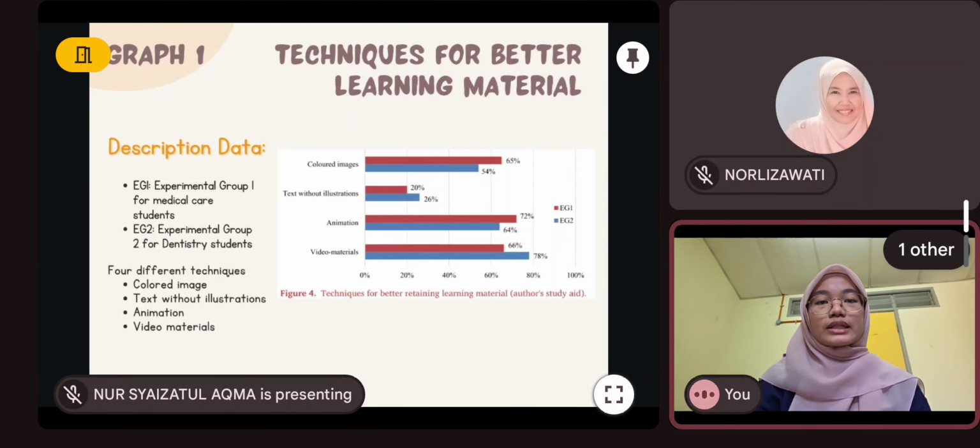For the last one, for video material, the experimental group 1 score with 66% and experimental group 2 score with 78%.